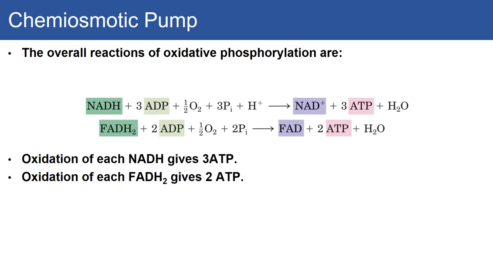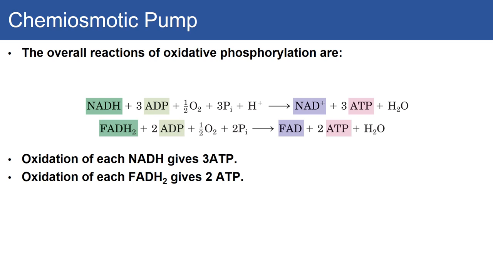The overall reaction for oxidative phosphorylation is shown below. We start with NADH. We end up with 3 ADP, and oxygen, phosphate, hydrogen. We end up with NAD+, 3 ATP, and water. FADH2, very similar. We end up with FAD and 2 ATP and water. So oxidation of each NADH gives 3, and each FADH2 gives 2.